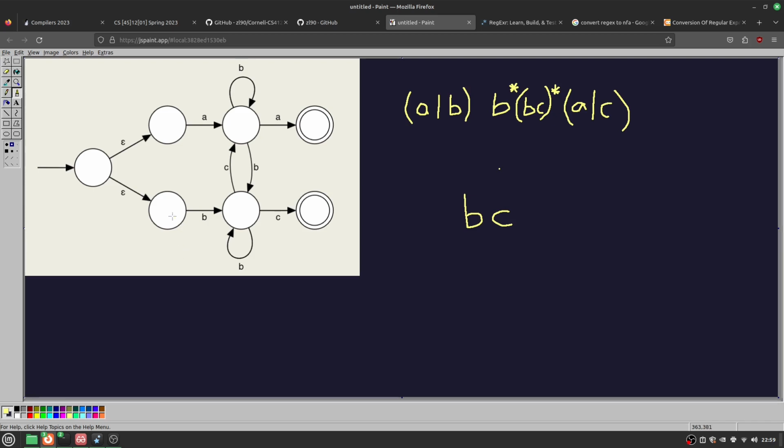So, okay, so this string B, C, B, C is valid. The string A, B, C is valid. So C can come after a B. Makes sense. C can only come after a B.